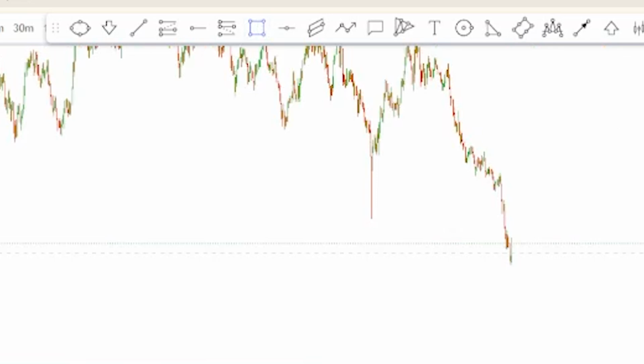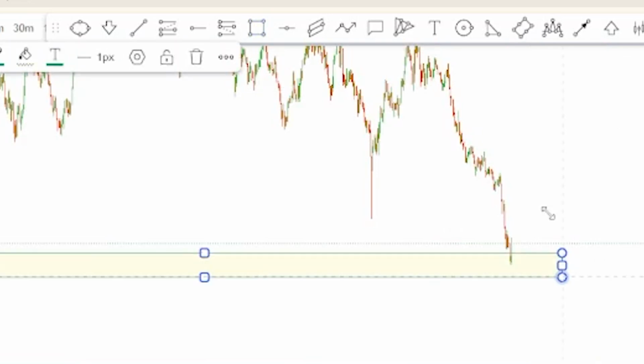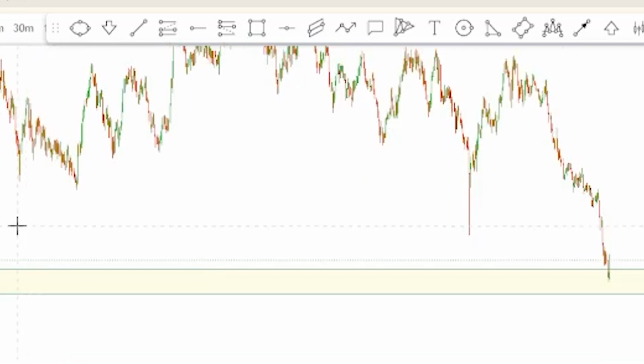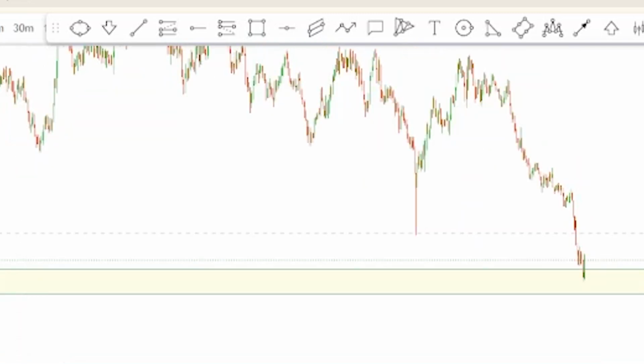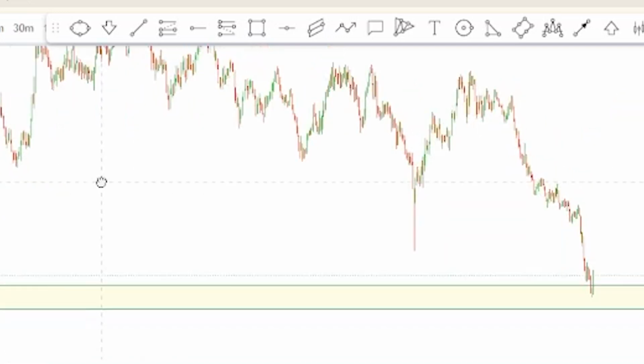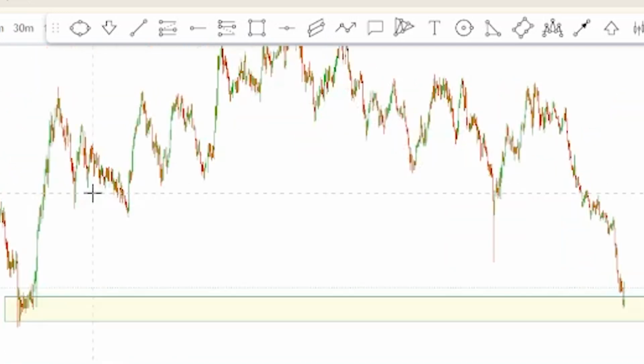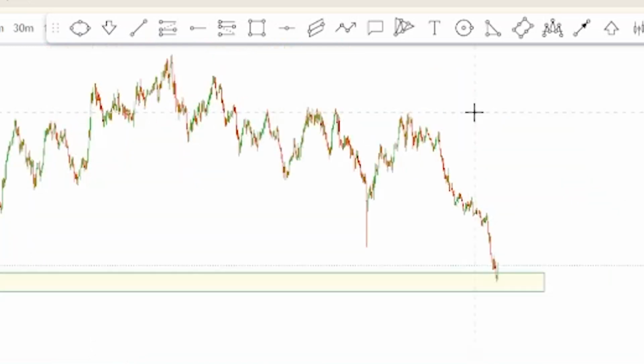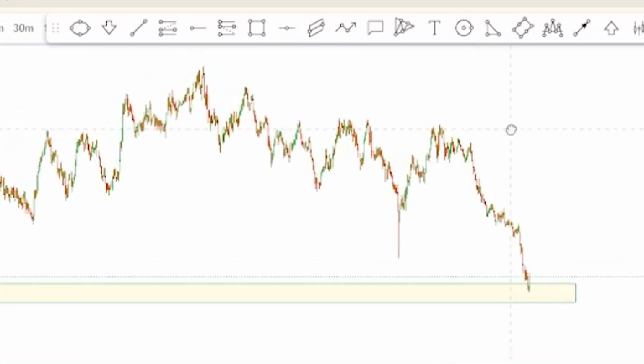Because if you connect from this area to this one, this will be a stronger area because it has been rejected before from this area, and we ended up moving up, which confirms that there is a high probability that we can wait for the confirmation from the chart pattern, and we want to see the double bottom from there so that we can enter by anticipating the market to move upside.